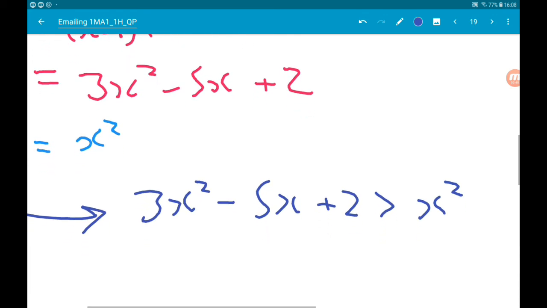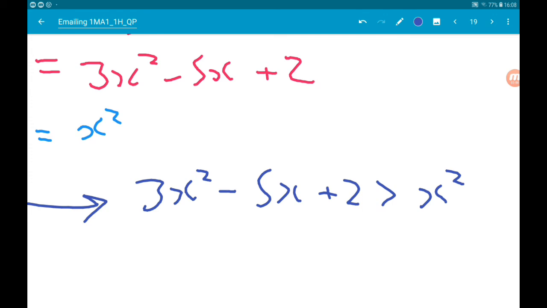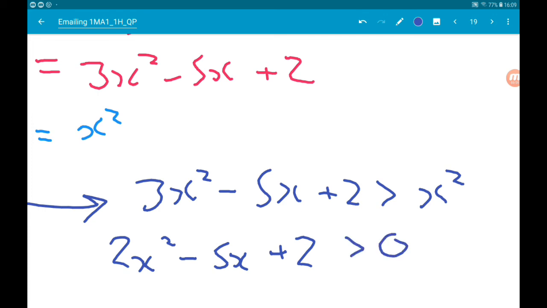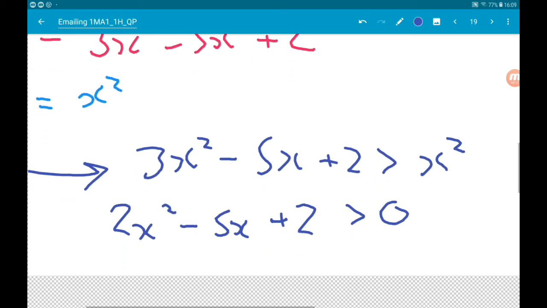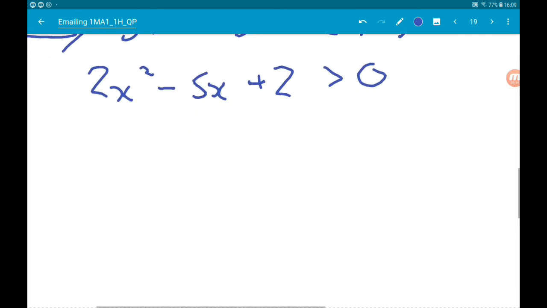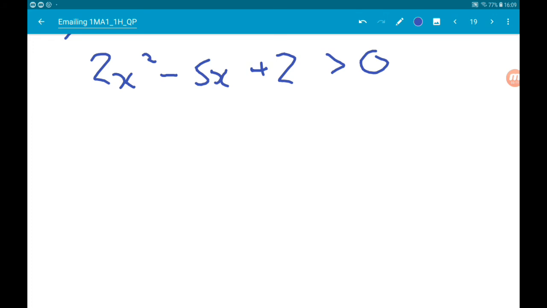So we need to take away the x squared, and we get 2x squared minus 5x add 2 is greater than 0. So we now want to know the range of values of x for which this quadratic is greater than 0.